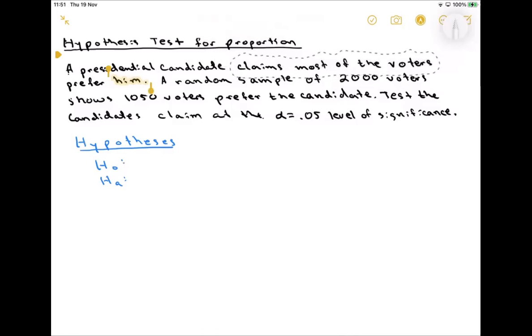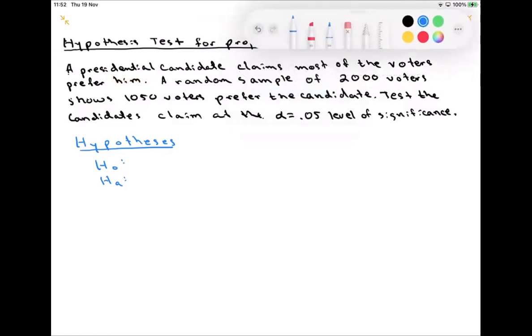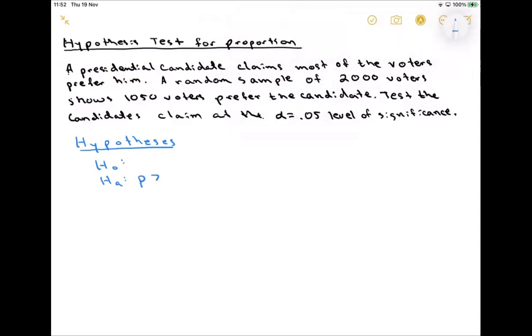Here the claim is that most of the voters prefer him. Most is more than 50%. So we say p greater than 50% or 0.5.